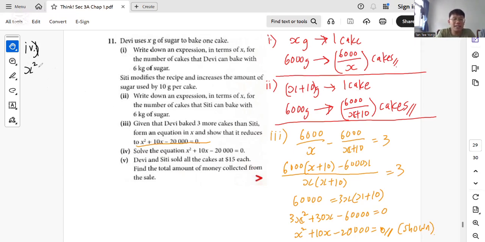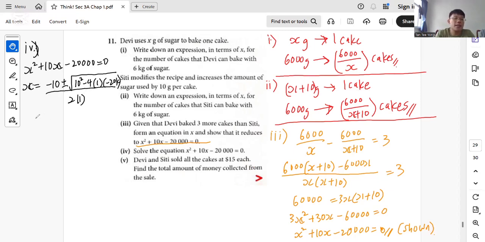So x squared plus minus square root b squared minus 4 times a times c. This is 20,000, right? Over 2 times 1.